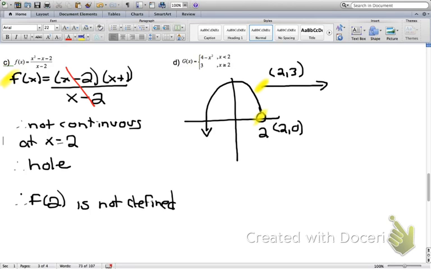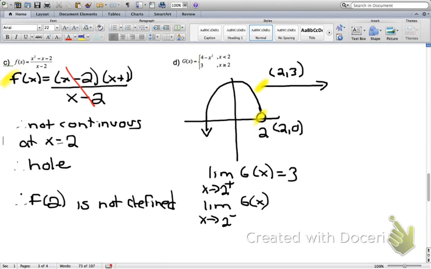Therefore, you can see that there has been a jump. So since the limit as x approaches 2 from the positive side of g at x is equal to 3, and the limit of g at x as x approaches 2 from the negative or left side is equal to 0, therefore this does not exist. And therefore, this is a jump discontinuity.